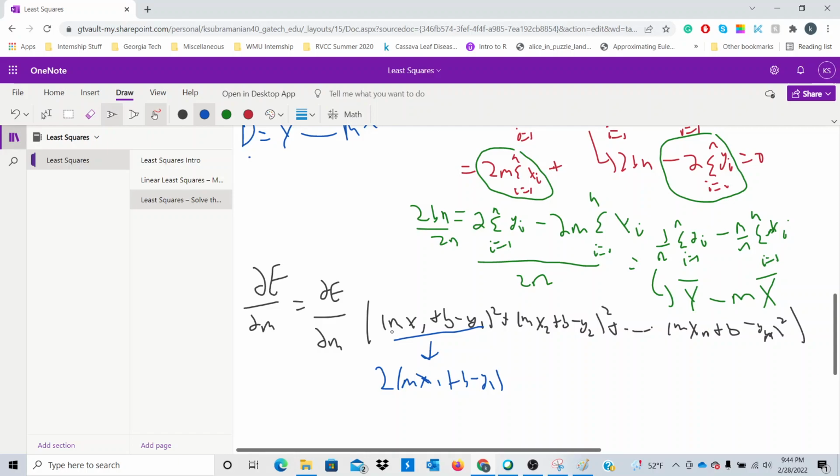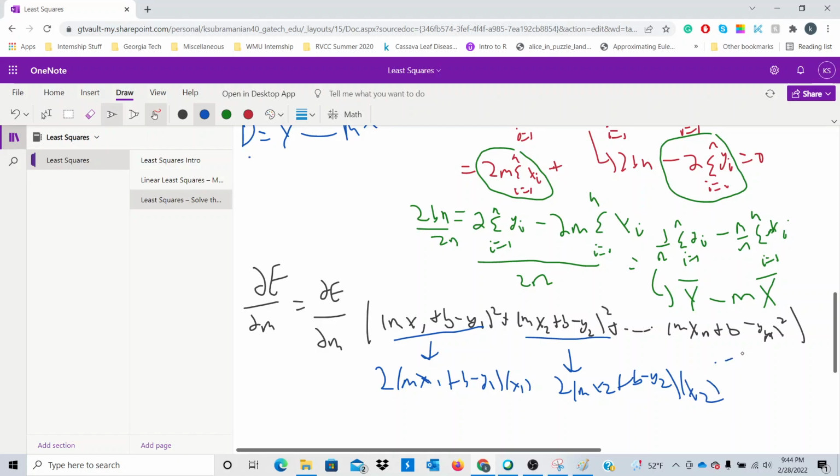When we're taking the derivative of mx1 plus b minus y1, we notice that the only term that m affects is the mx1 term. This b and this y1 term are constants. So the derivative of mx1 with respect to m is simply x1. And then likewise, the next derivative will become 2 times mx2 plus b minus y2 times x2.